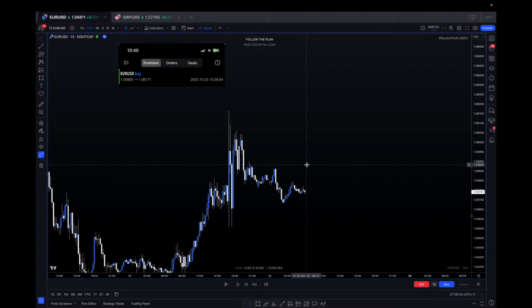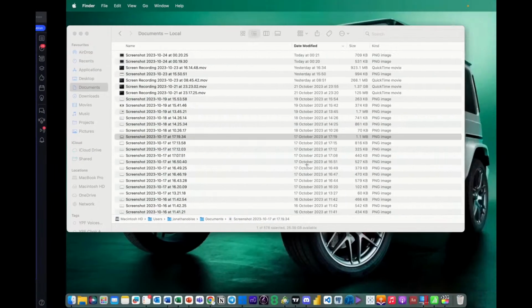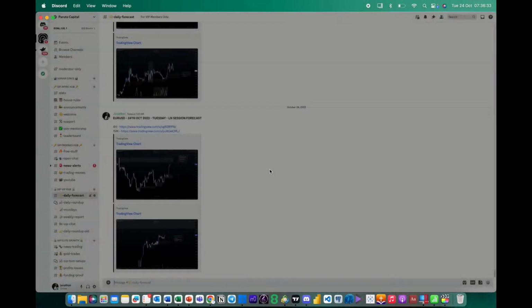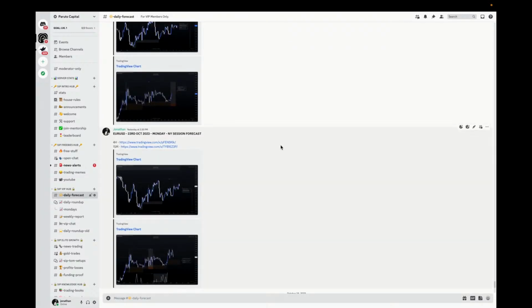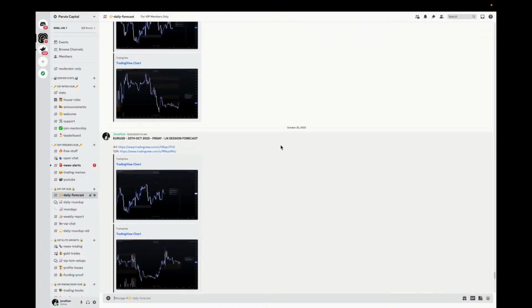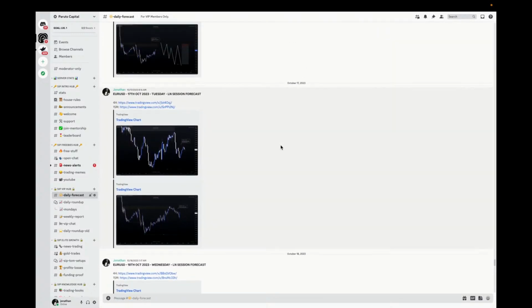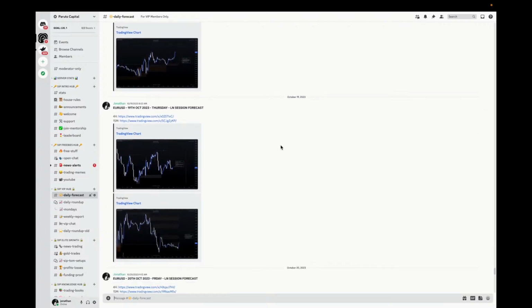Now I also have this on the trading floor. I shared the analysis with the exclusive channel, so let me pull that up. Sorry for the switch between the dark themed and the light themed interface.